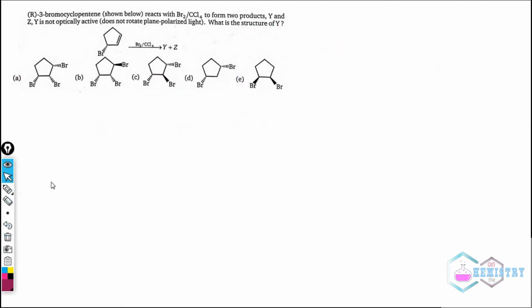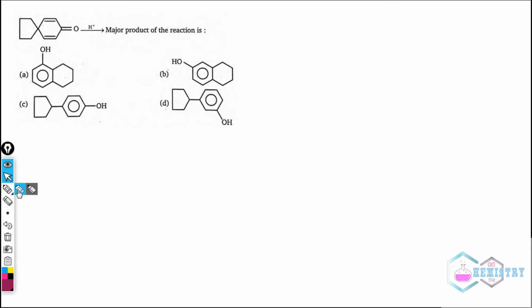Coming to the next problem. This problem is an example of bond migration or ring expansion. How can we say that it will form a ring expansion? Well, let's discuss. This compound looks like this.